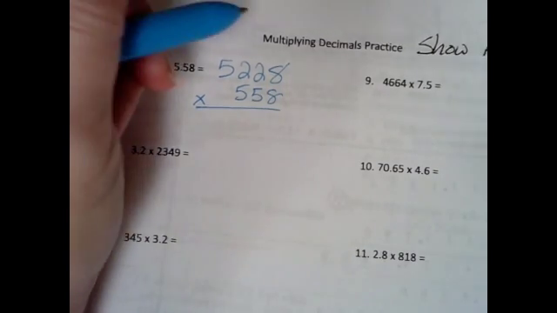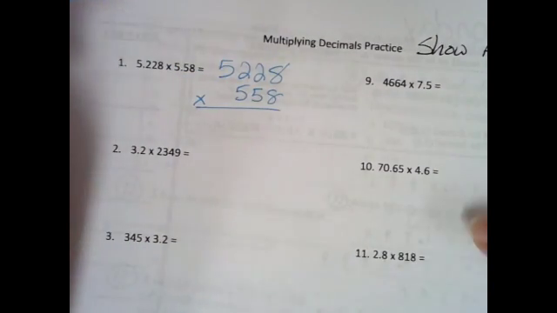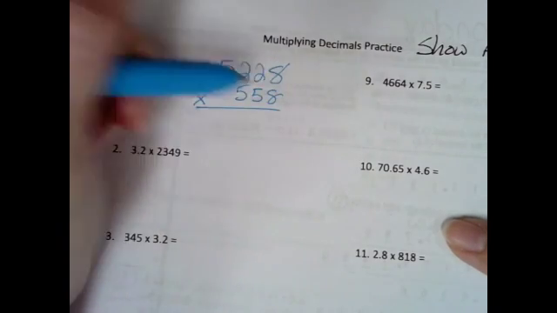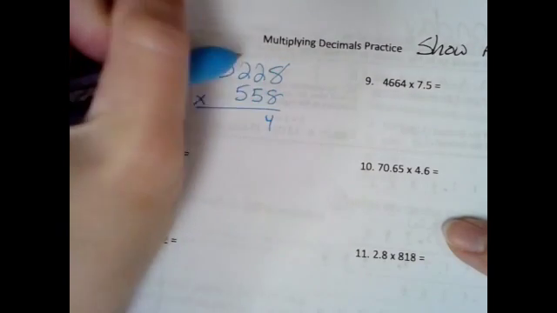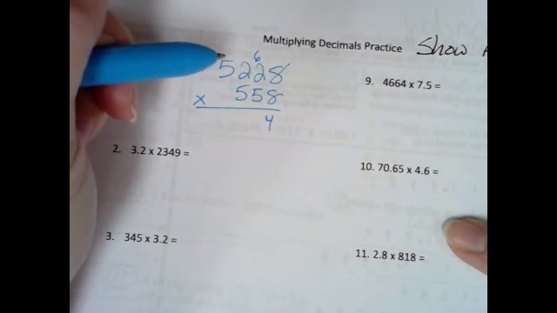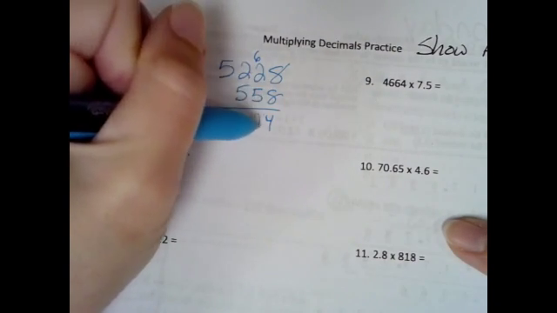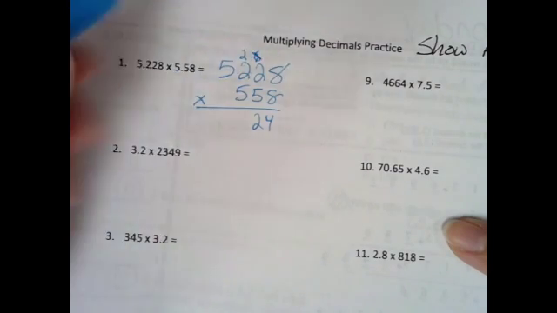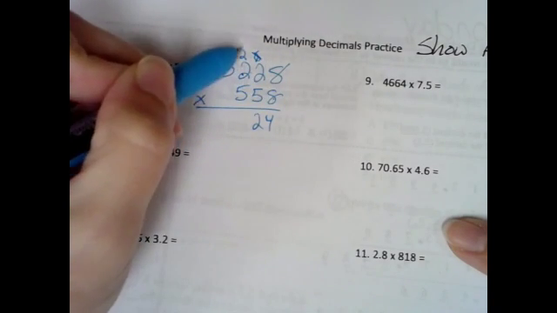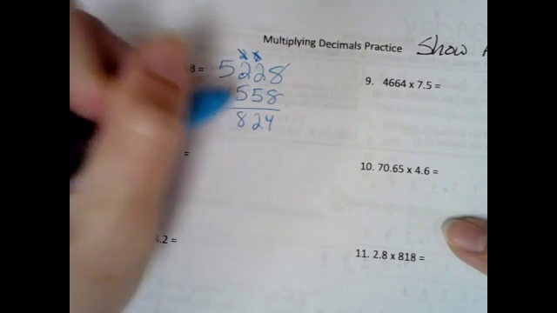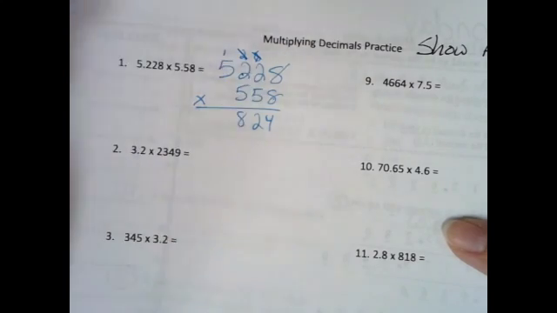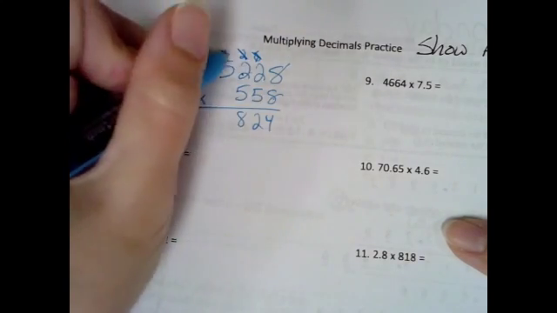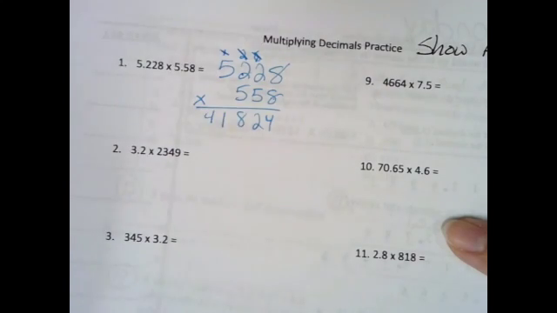Alright, so we're going to multiply just like whole numbers. We're ignoring the decimal completely. So 8 times 8 is 64. Put down an 8, 4, carry our 6. 8 times 2 is 16, plus 6 more is 22. 8 times 2 is 16, 17, 18. 8 times 5 is 40, plus 1 more is 41.